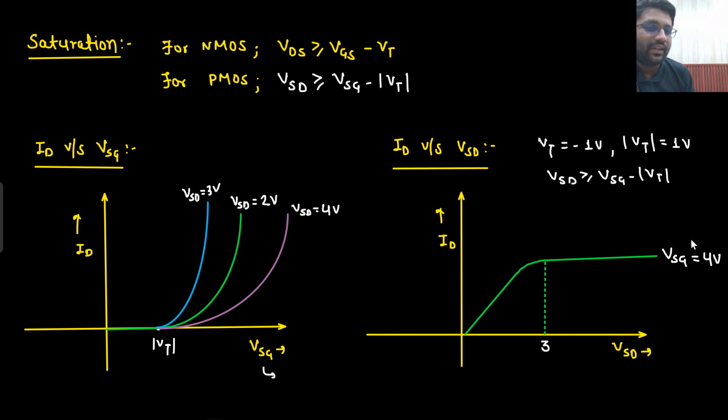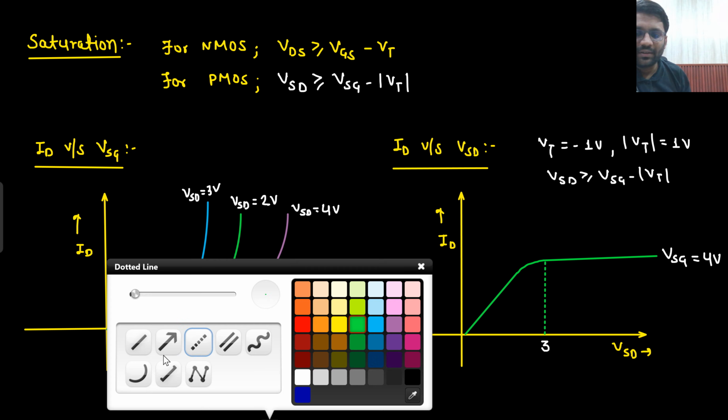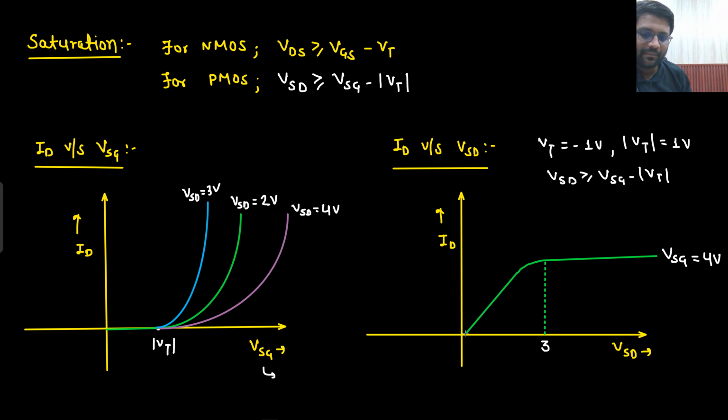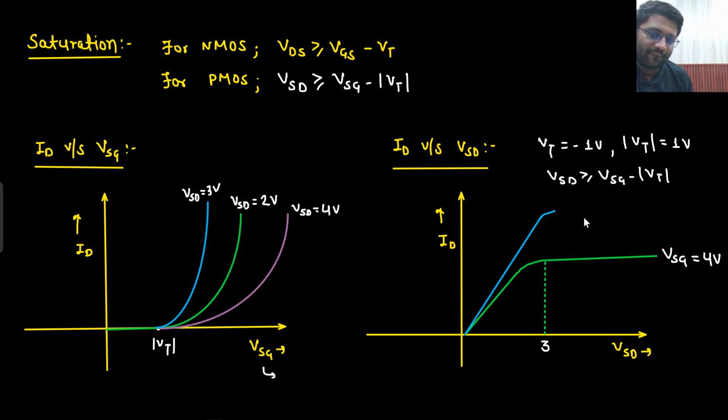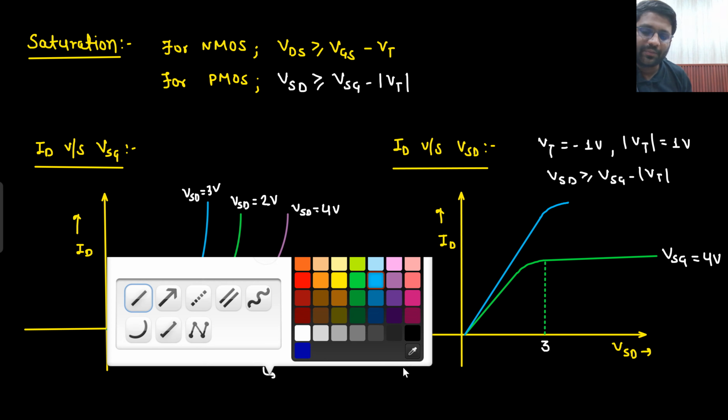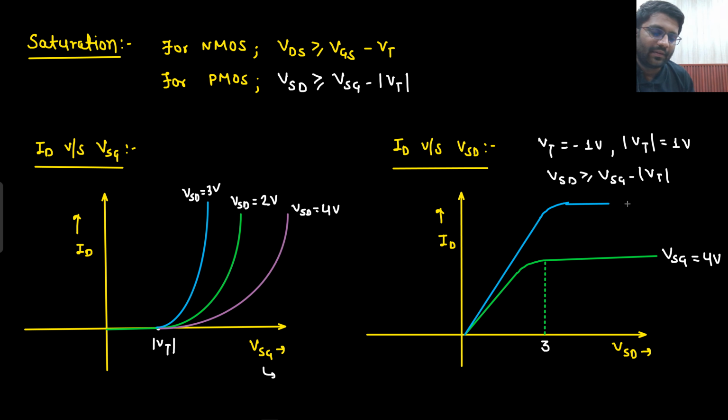Now if VSG you increase, that means gate voltage more and more negative you are applying. So what will happen? This kind of diagram we will get, right? Saturation point will be shifted. So here we are doing VSG equals 5 volt.